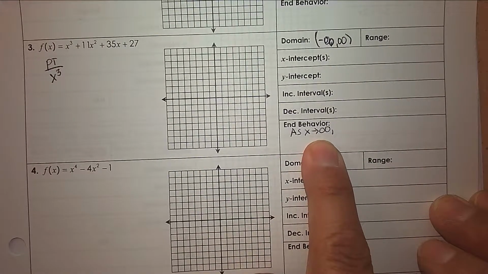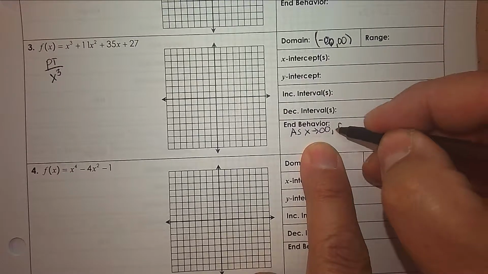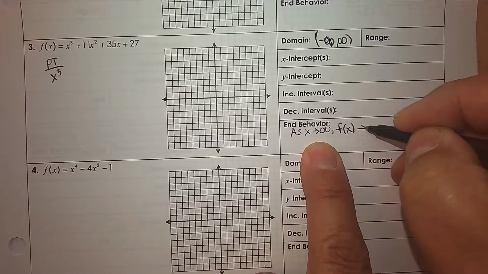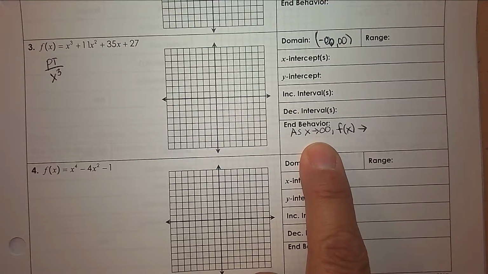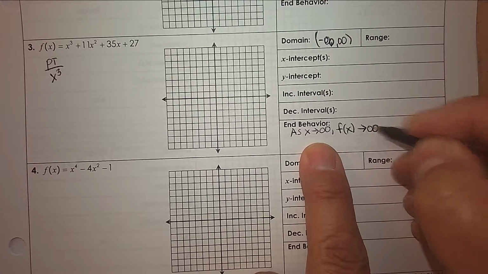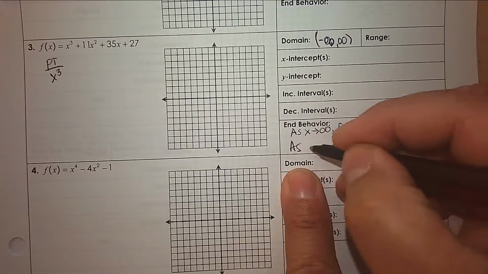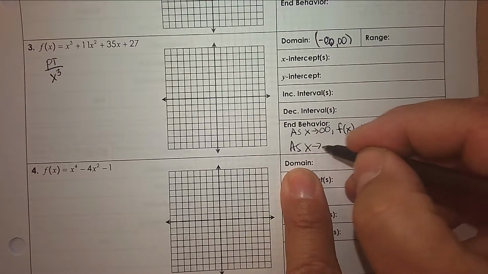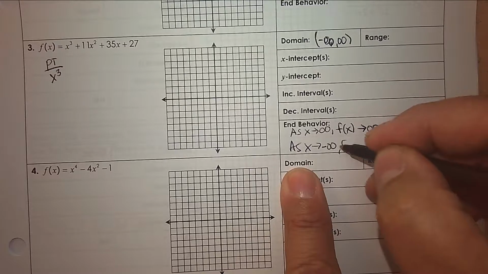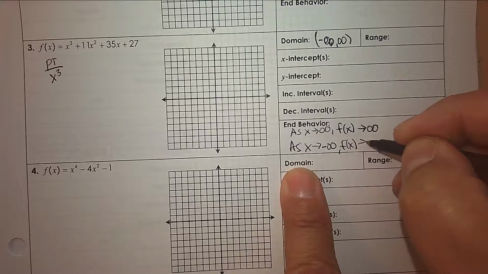So as it goes to the right, what's the function doing? Up or down? And if it's going up, that means it's going to infinity. How about the other one? As x approaches negative infinity, what is f?